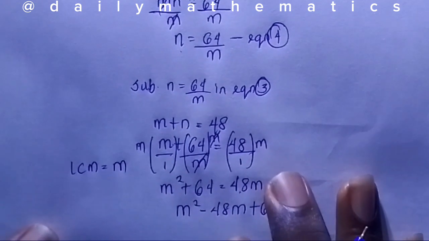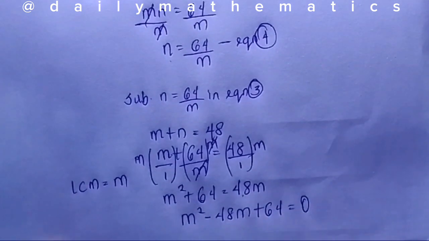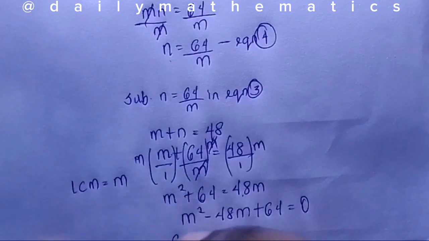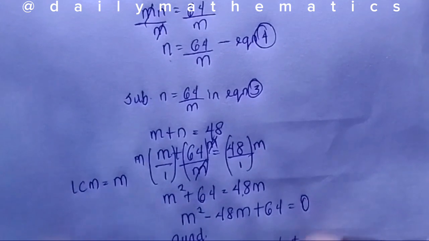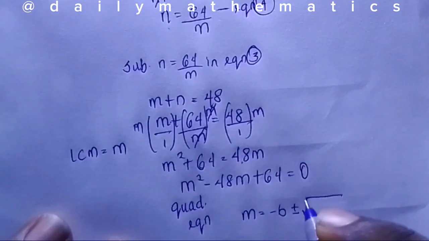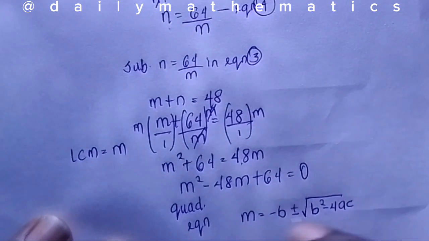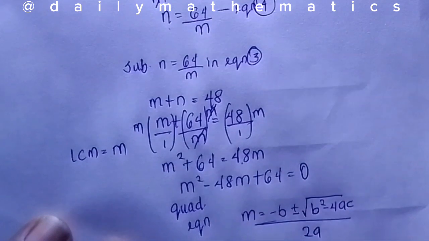Right? This now gives us a quadratic equation. So we are going to use the formula m equals minus b plus or minus square root of b squared minus 4ac, over 2a.